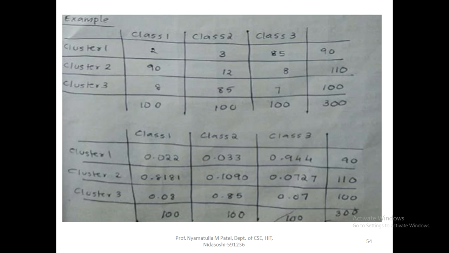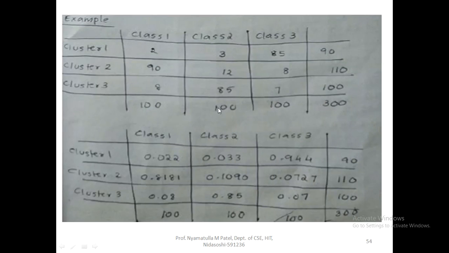Okay. So, next we will calculate purity of the cluster 1. What are the maximum values present over here? For cluster 1 we have 0.02, 0.03 and 0.94. What is the maximum of this? 0.94. So, 0.94 is the purity of the cluster 1. Purity of the cluster 2: 0.81, 0.10 and 0.07.